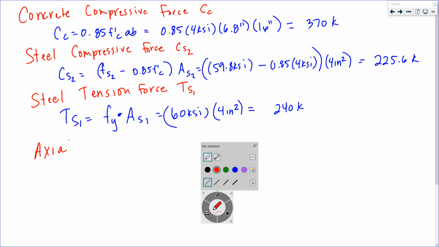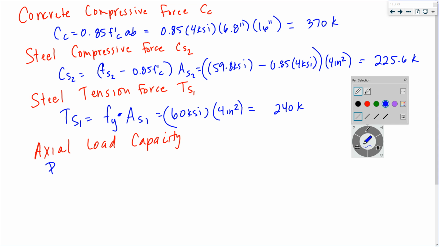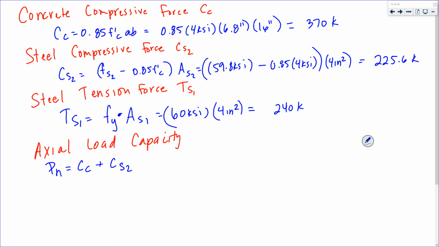So if I look at my axial load capacity, I got my positive concrete, my positive compression steel, and my negative tension steel. So 370 kips, 225.6 kips. Oopsies, how about I add things together?